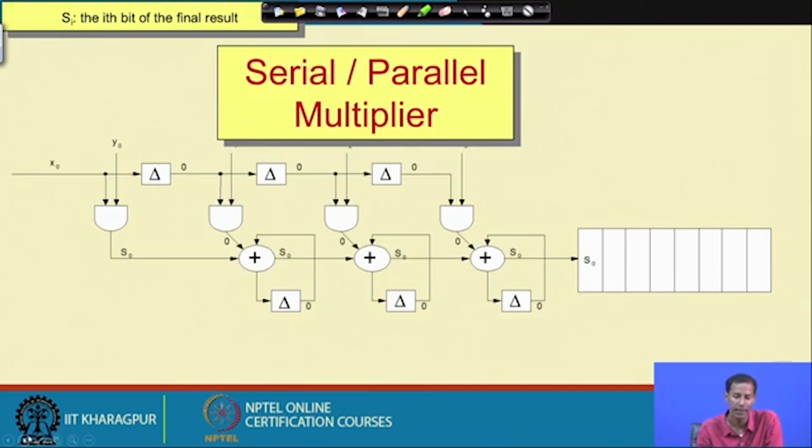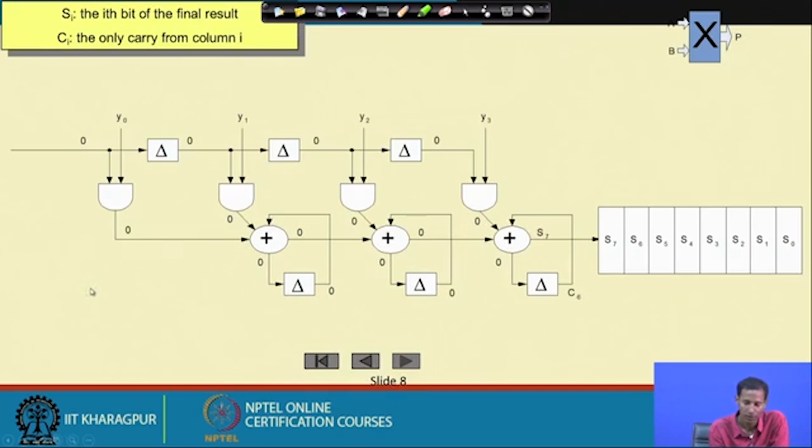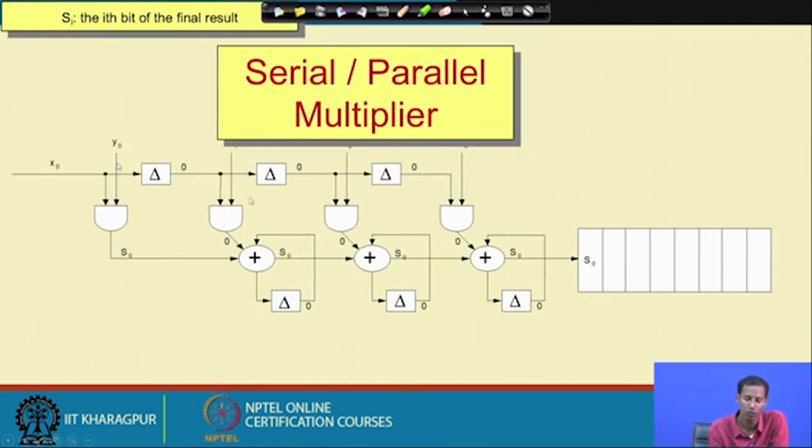Then we have another architecture, that is the serial/parallel architecture. So here, x0y0, x1y1, sorry, x0y1, x0y2 and x0y3, all together they are ANDed, and they basically produce this.